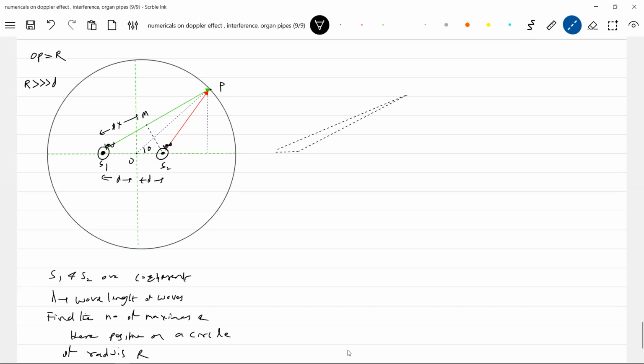I'm trying to explain geometrically so that it will be easy for you. These are the two sources, S1 and S2, and there's a point P. Look at this now. If R is very much greater than D, the separation between the sources, then the angle made by these lines with the reference horizontal line should be equal.